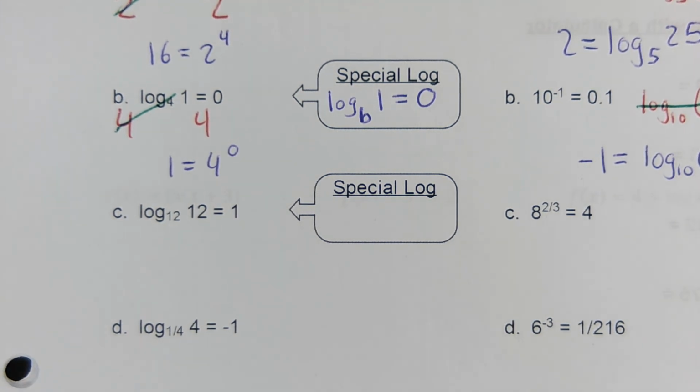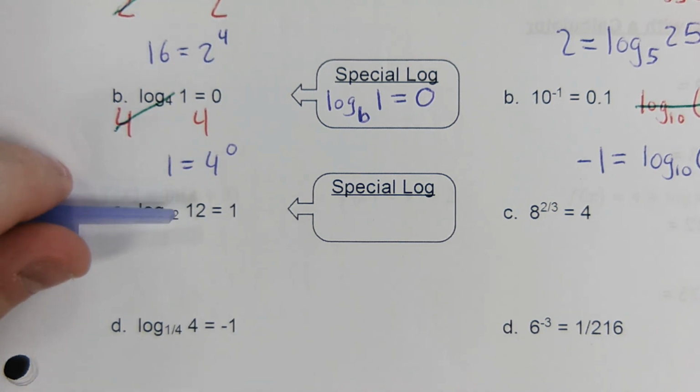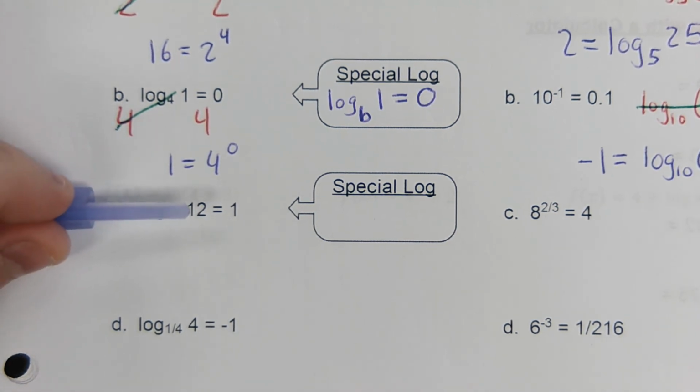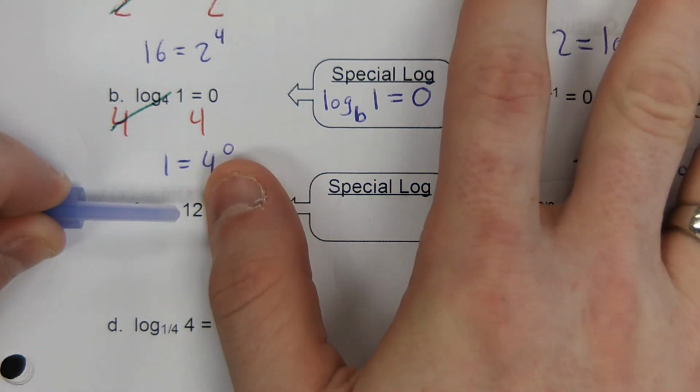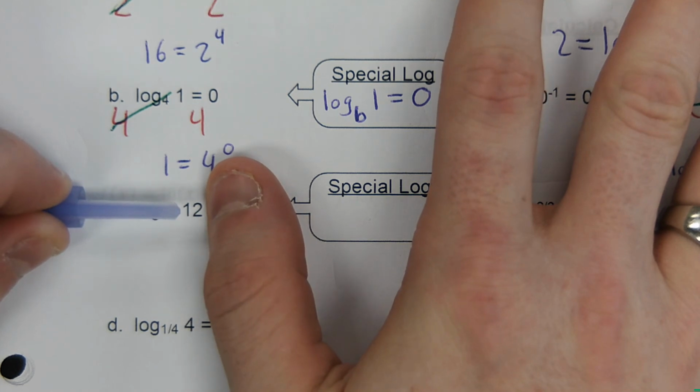This is an absolutely true statement. I would like for you to see that this says log base 12 of 12. If I had just written 12, and I asked you, does this 12 have an exponent?